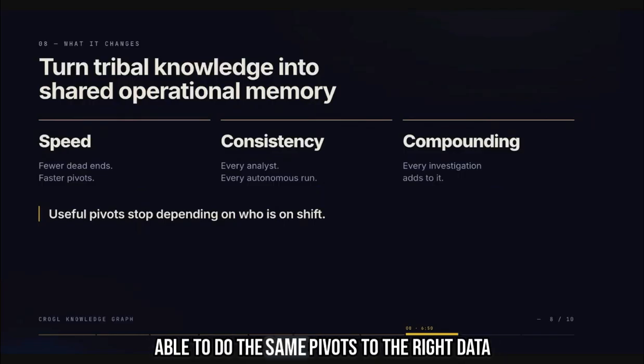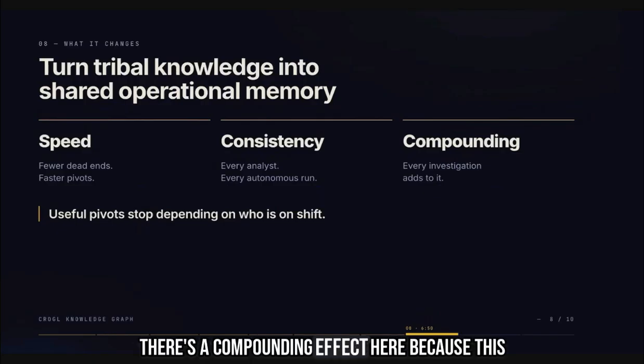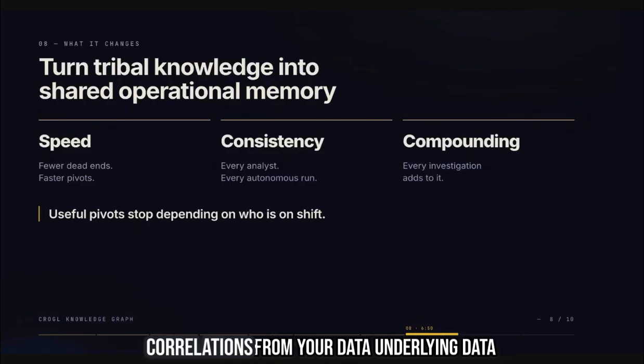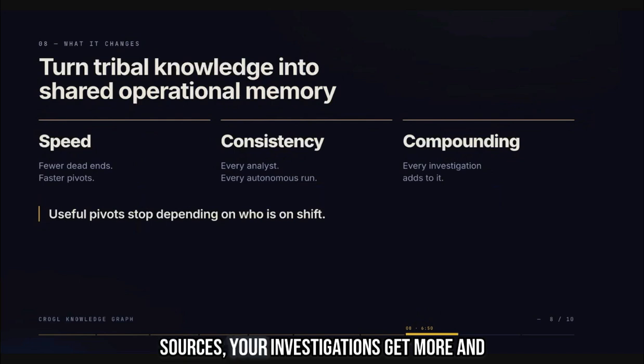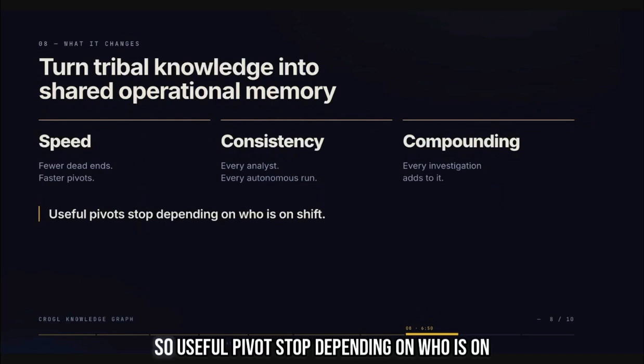You'll be able to do the same pivots to the right data sources to find the right correlations. And there's a compounding effect here because as it continues to learn more and more correlations from your underlying data sources, your investigations get more and more rich. So useful pivots stop depending on who is on shift.